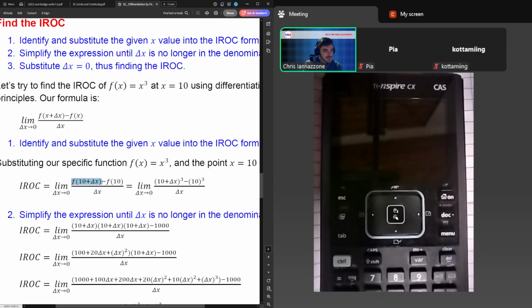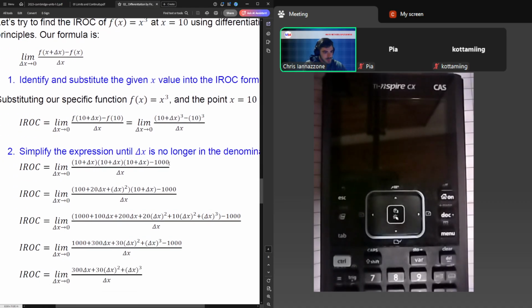So f of 10 plus delta x, because you have x equals 10, is 10 plus delta x, all cubed. Right, you're just subbing in 10 plus delta x in this spot. Same thing for this one here. f of x is just x equals 10, and so you get 10 cubed. That gets us our initial expression.